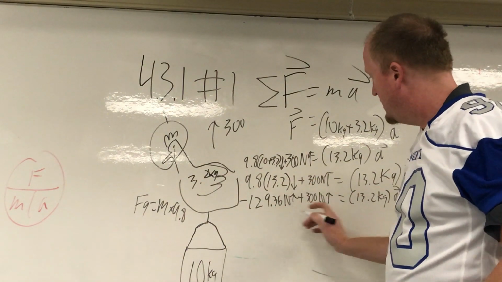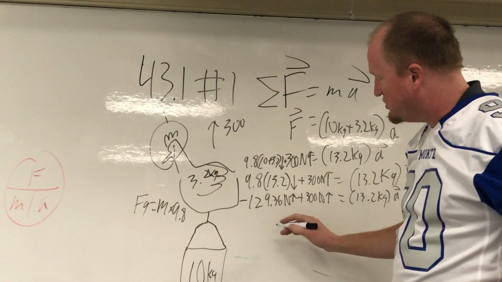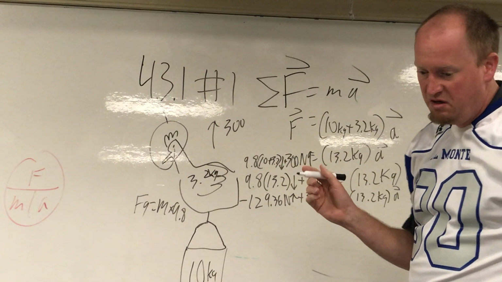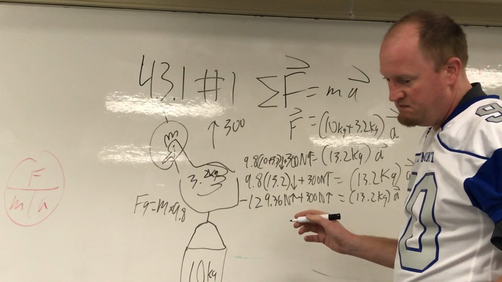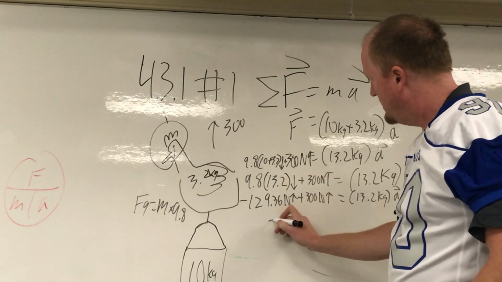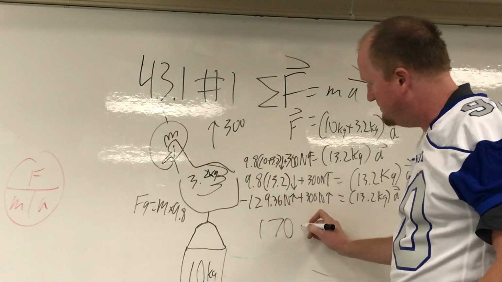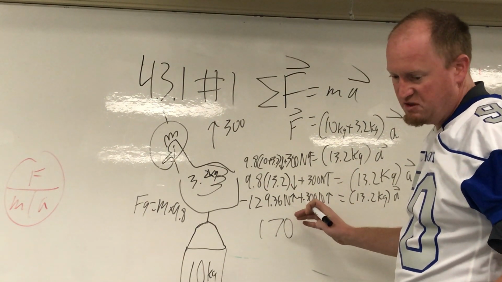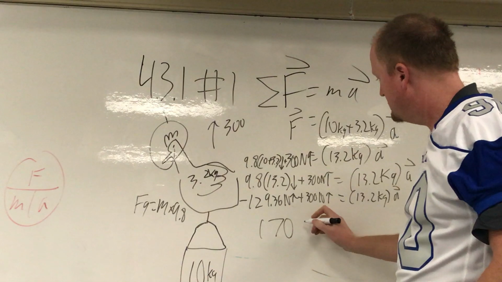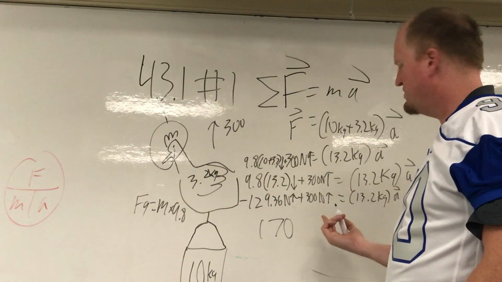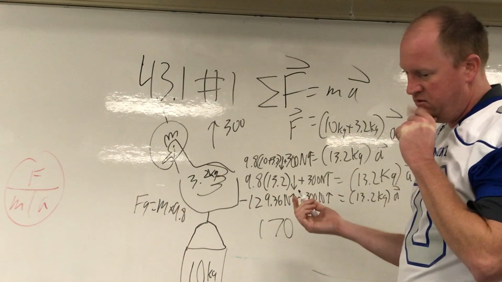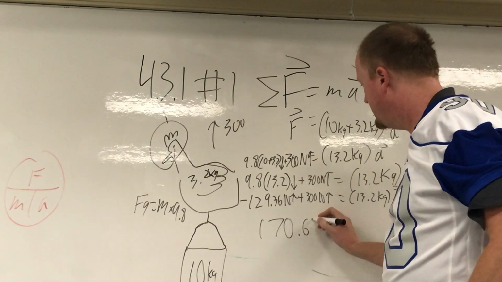So, negative 129 plus 300 gives us roughly 170 point something newtons. Let's see, it's 170.64.